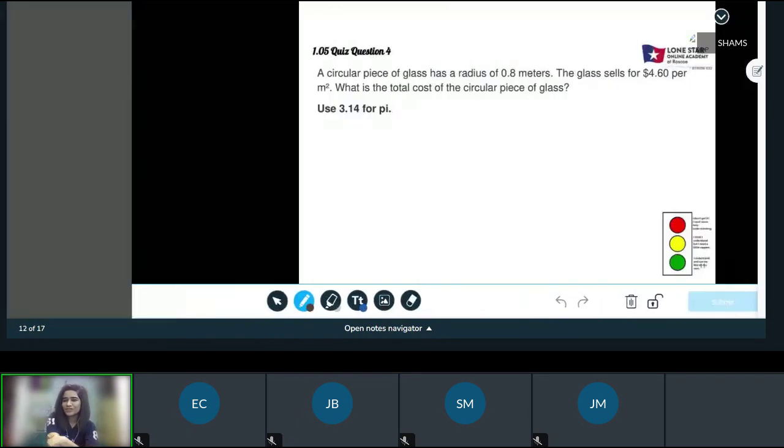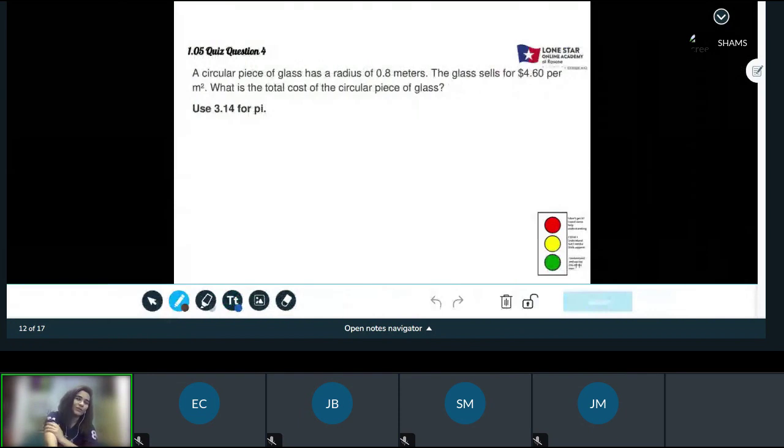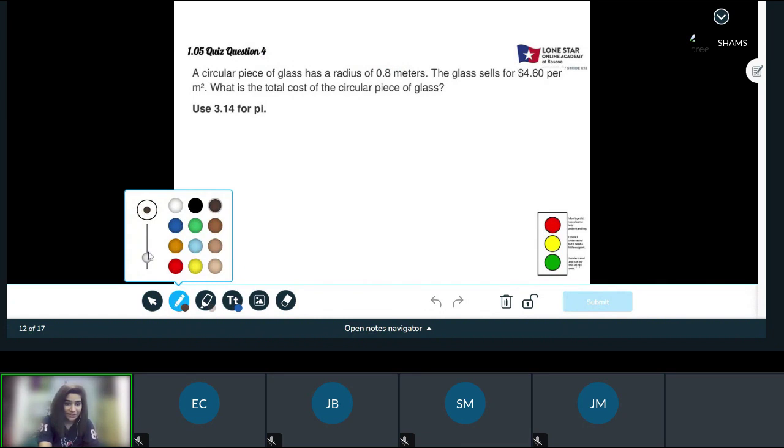Question 4 and question 5 are more real world problems. They don't just give you radius or diameter and tell you to find area, but it is more than that. Let's look at it. A circular piece of glass has a radius of 0.8 meters. Good thing I have the radius.